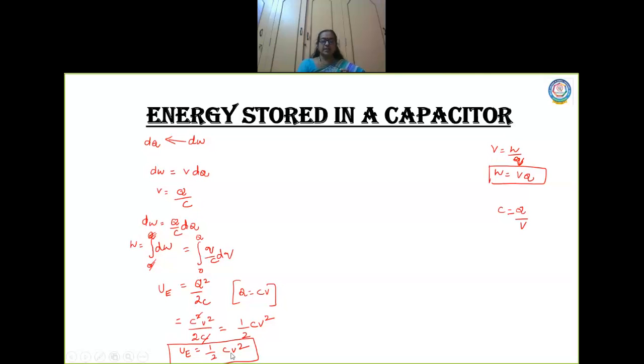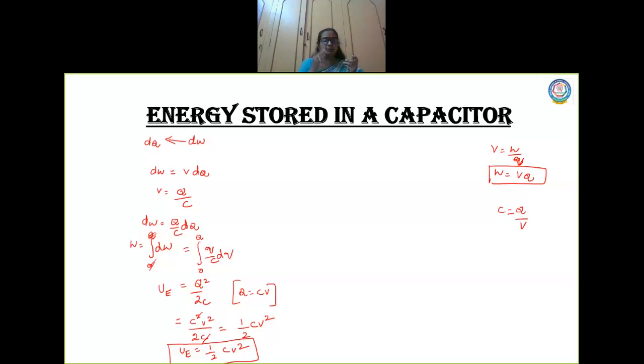So the electrostatic potential energy is directly proportional to the capacitance of the capacitor, and also proportional to the square of the voltage between the plates of the capacitor, because it is V square. So this is the equation for electrostatic potential energy.